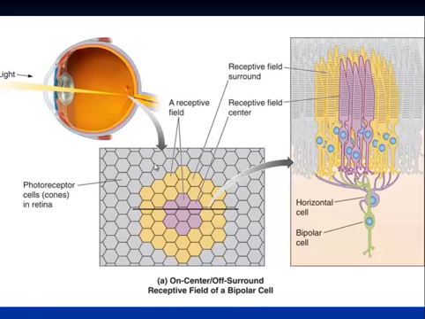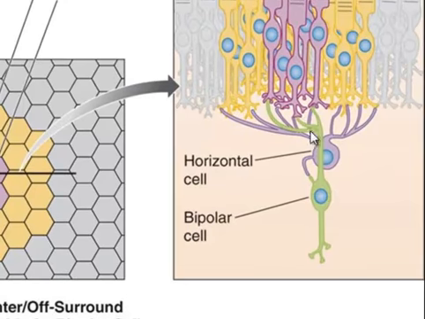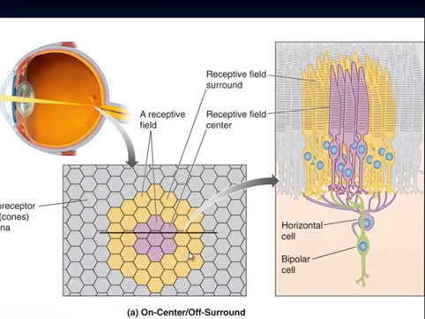So if you have these intermediate cells here, they might be responsible for a field of cones. And on those cones is kind of a donut shape. That's the field they're responsible for, a circle.